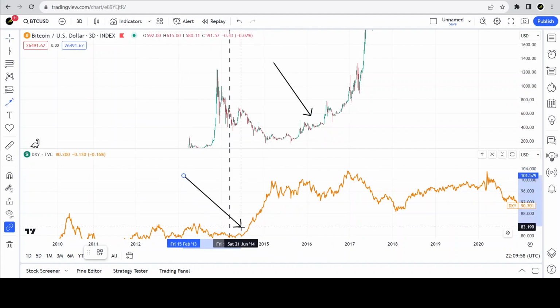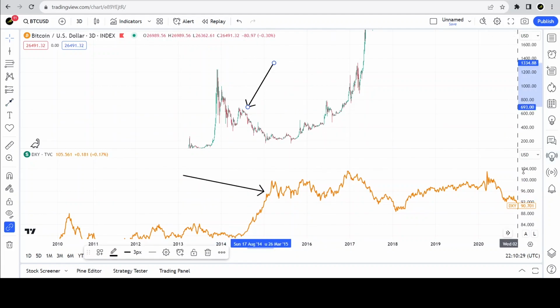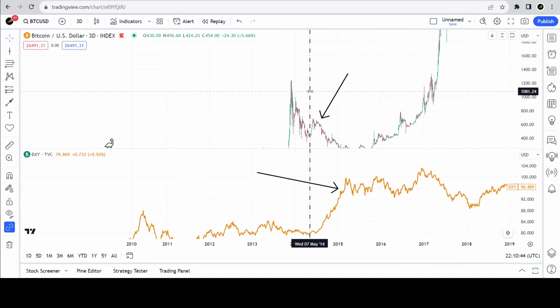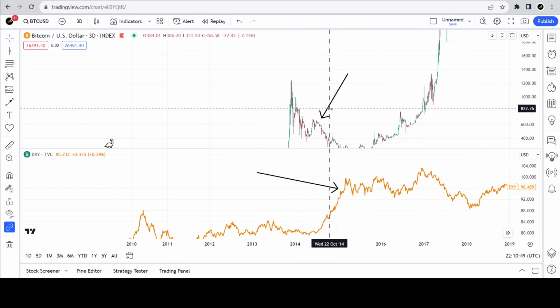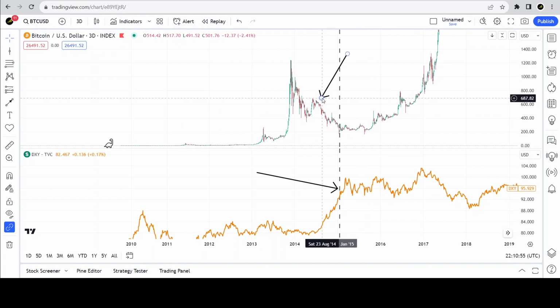Over here, price moves up quite steeply, which is also at the same time when Bitcoin is having its decline. As we see right here, as Bitcoin declines, the DXY moves up aggressively. So again, that underscores the inverse correlation between Bitcoin and the DXY.